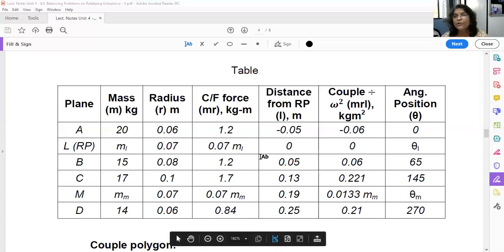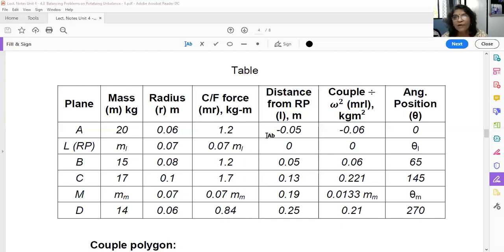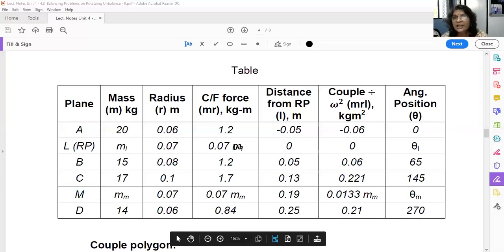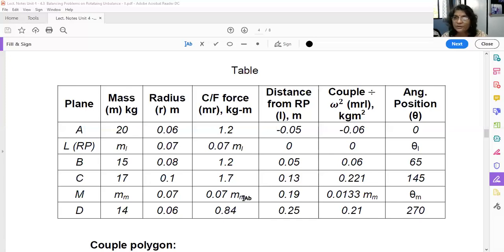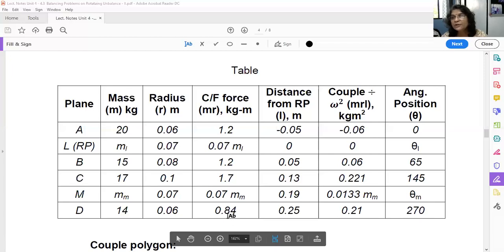Now here you have to think where you will take the reference plane, out of these 6 planes. As I told you, there are 2 unknowns here. This mass is also unknown, and this centrifugal force is also unknown. So you cannot draw the force polygon, because 2 unknowns are there and you want a closed polygon. If only one had been there, you would have drawn it.